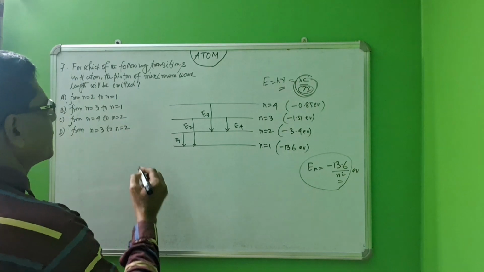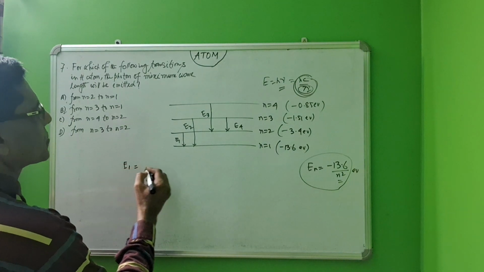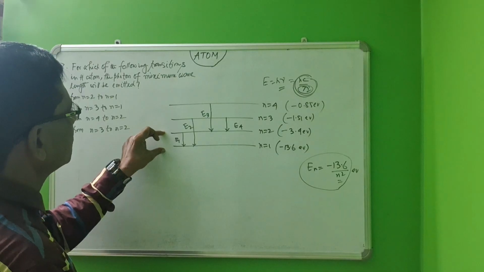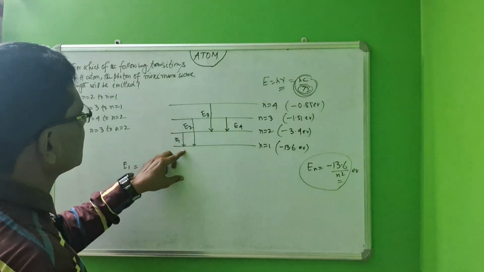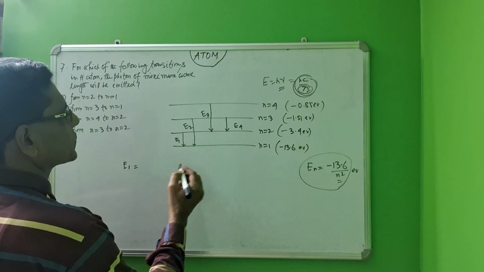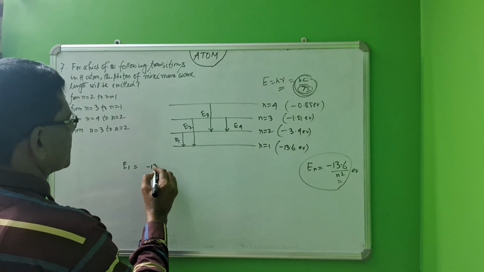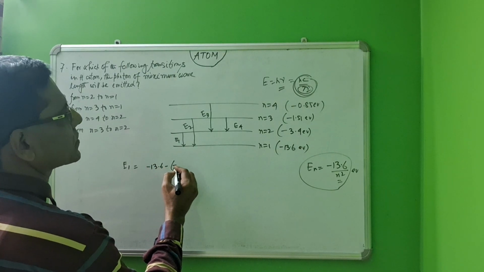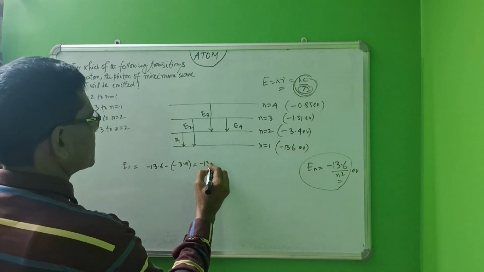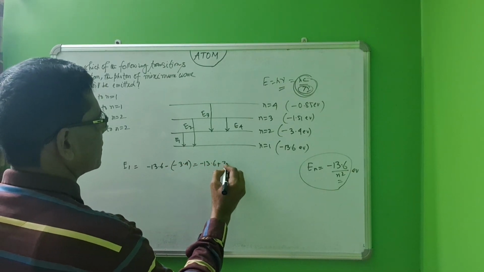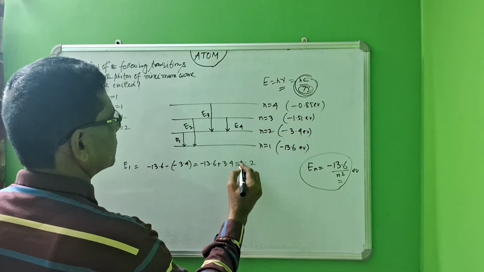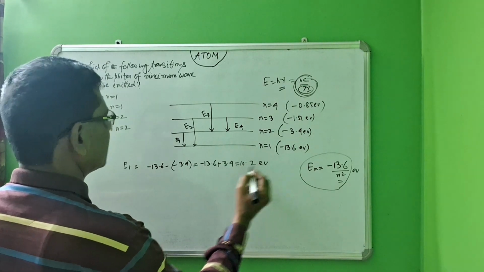So we can find E1. How can E1 be found? E1 equals this energy level minus this energy level. E1 equals minus 3.4 minus of minus 13.6, which is minus 3.4 plus 13.6, equals 10.2 eV.